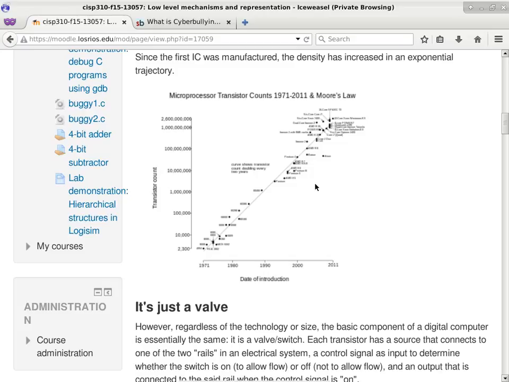So during your career as a computer science person, let's say you have a career length of, I don't know, 18 years. How many 18 months do we have in 18 years? 12.